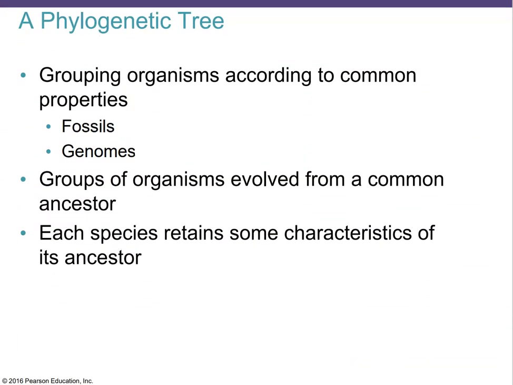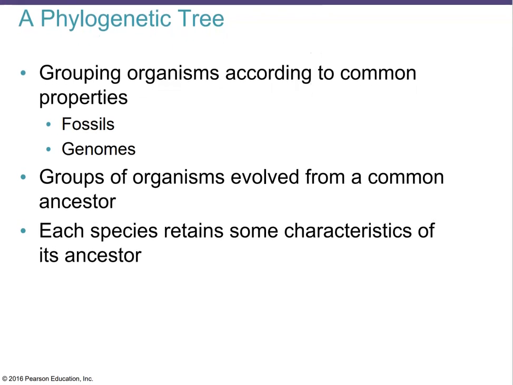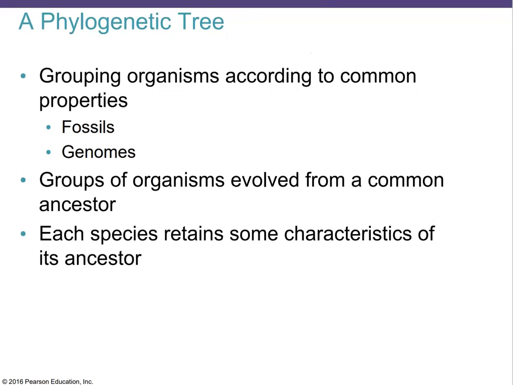Okay, let's take a look at the phylogenetic tree, the relationship of organisms to one another. The phylogenetic tree groups organisms by common properties, and that was based on fossils in the old days. And still, if you have some very ancient organisms that don't exist anymore, that's all you have. Now, if you have some DNA, then you can establish the sequence, the genomes, and then you can compare the genome sequences.